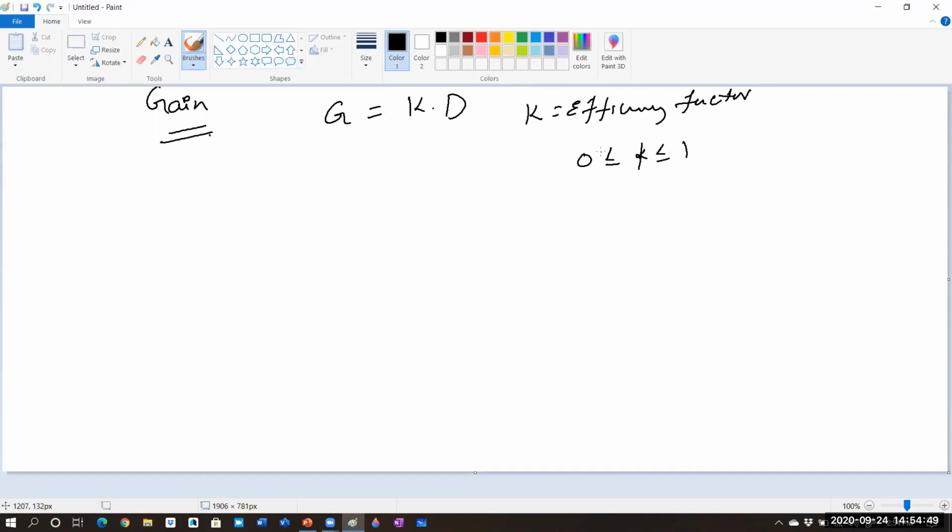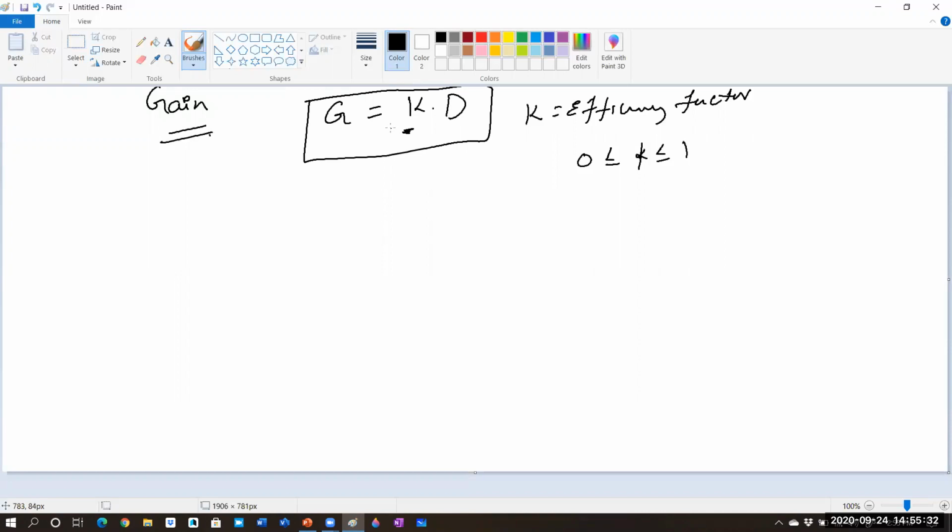Gain is a realized quantity, less than the directivity D due to ohmic losses in the antenna. In transmitting, these losses involve power fed to the antenna which is not radiated but heats the antenna structure. So by using this formula, we can find the gain of the antenna. Here K is the efficiency factor.